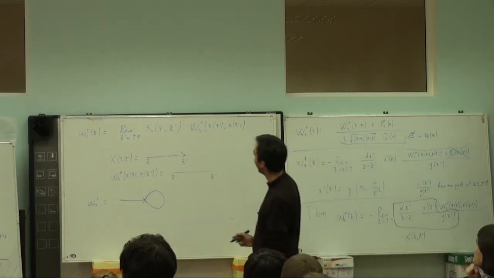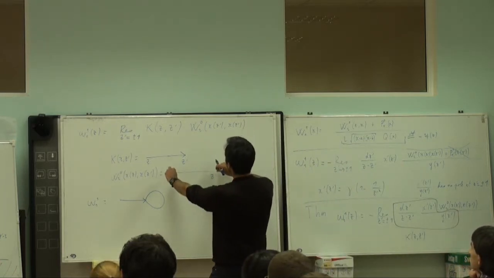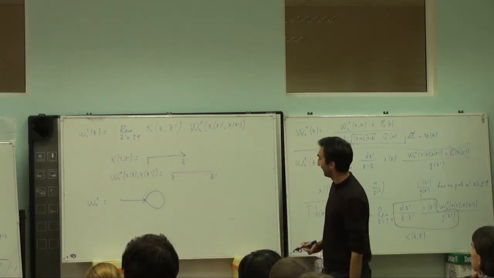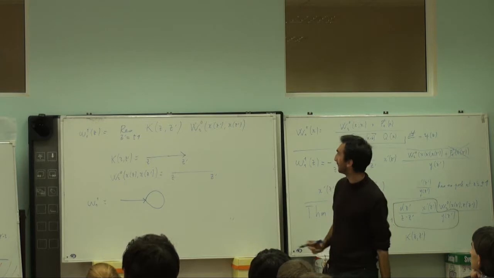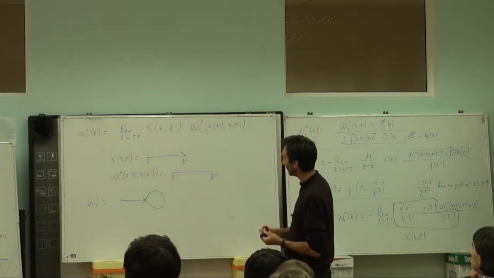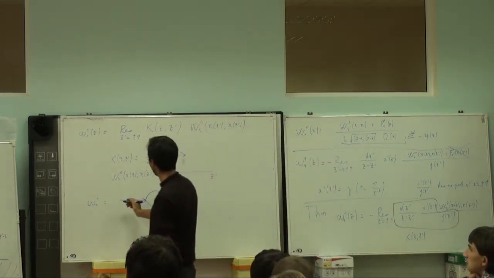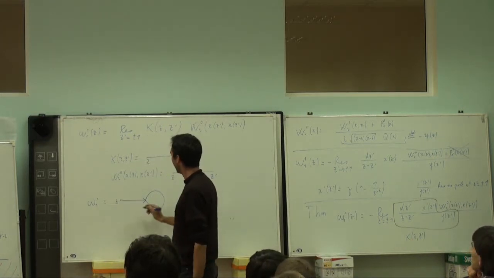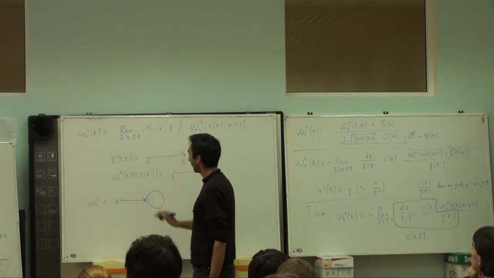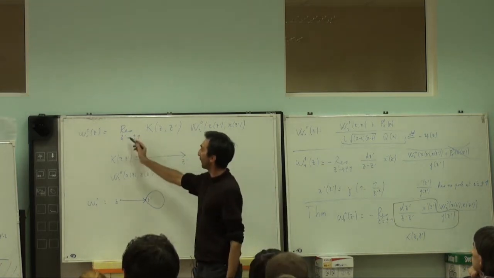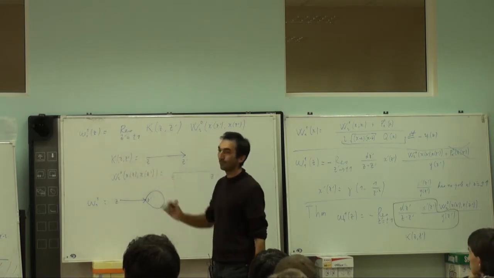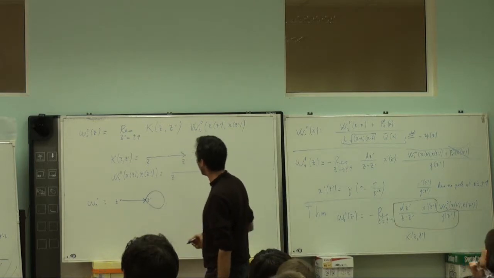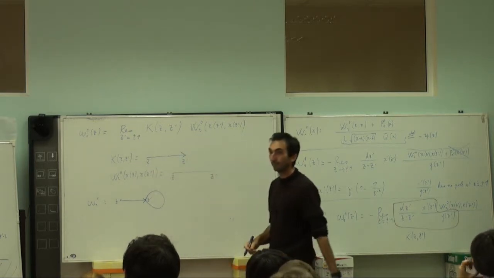You just take this at z prime equals z and glue it at this point. So it's just a graphical notation to represent this formula. So what you get is a graph with one external leg. Each time you have a vertex, it means you are going to take an integral, which is in fact a residue at z prime equals plus or minus 1. And each time there is an edge with no arrow, it's a W20.